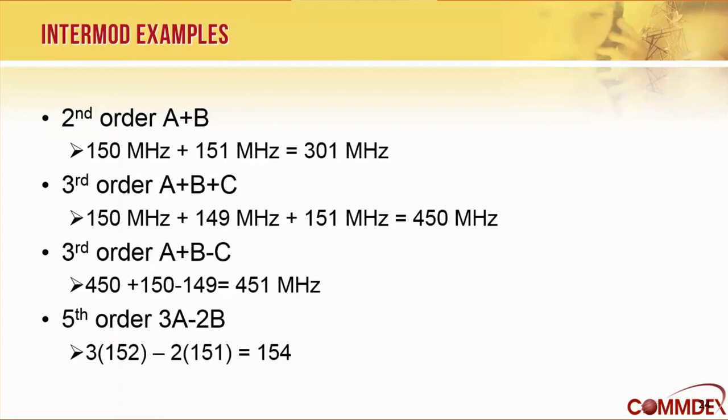So that's a problem. Then we have a fifth order combination called 3A minus 2B. An example of that is the third harmonic of 152 megahertz minus the second harmonic of 151 megahertz equals 154 megahertz, which could be an interfering signal.